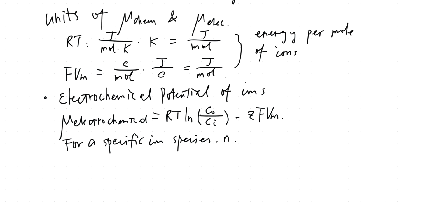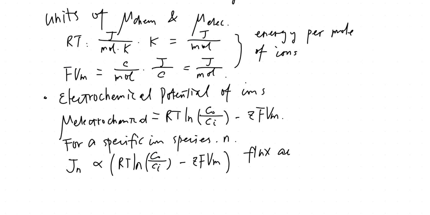The flux of this ion across the cell membrane is proportional to this electrochemical potential. This is how you model the flux across ion channels.